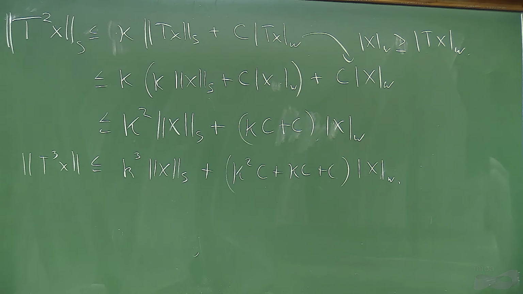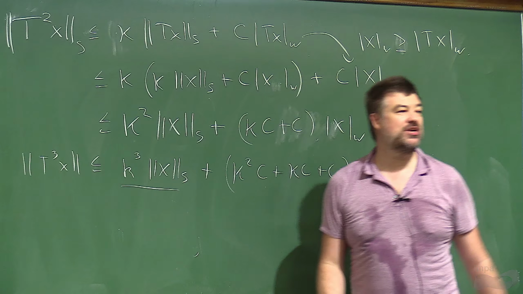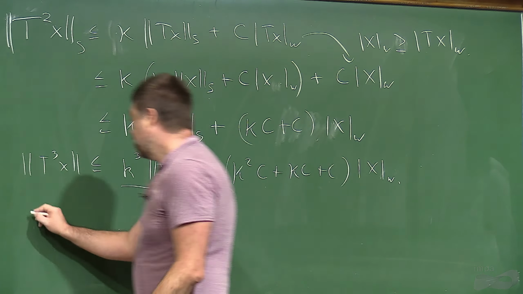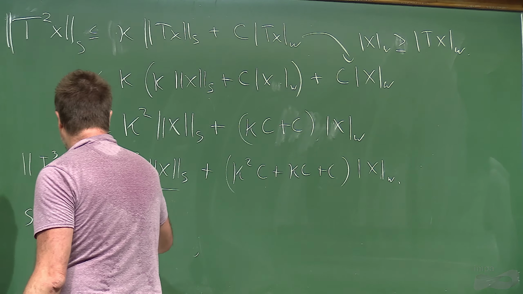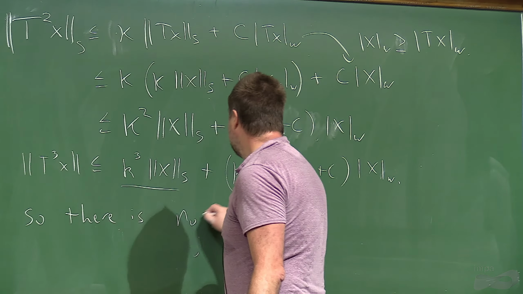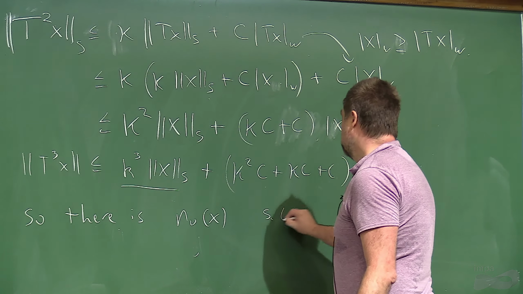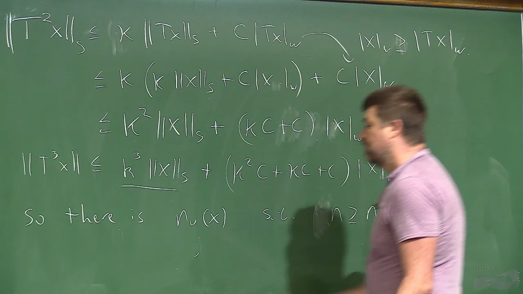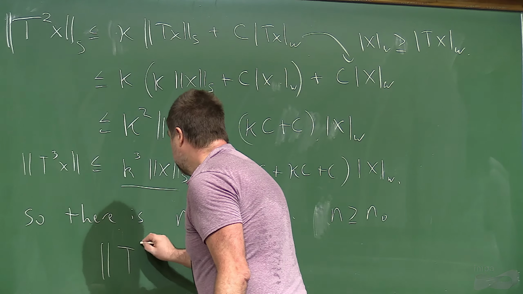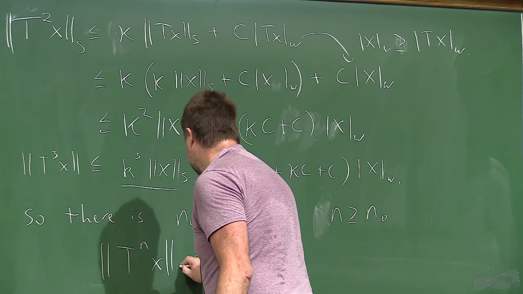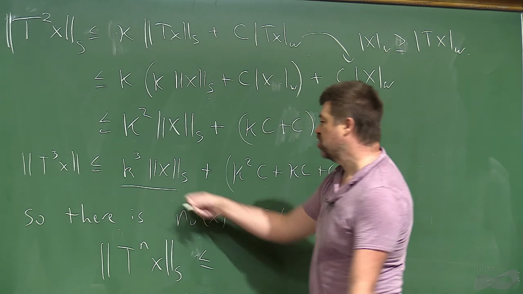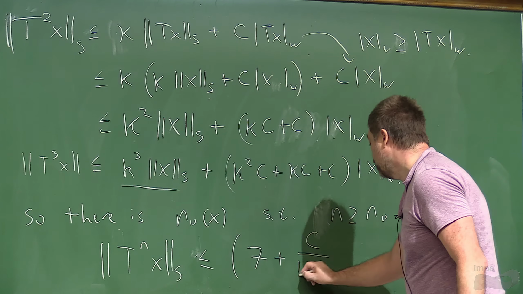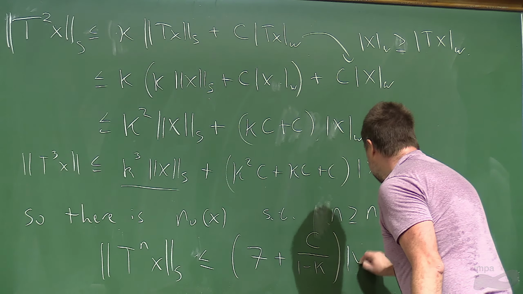And so you can iterate this. This term disappears, this goes away, and then you're just left with something geometric times the original weak norm. So there is n naught, which maybe depends on your x, such that if n is bigger than n naught, then in the strong norm, the size of the nth iterate of x is at most, and I'm just going to put something to absorb this, let's say 7 plus c over 1 minus kappa times the weak norm.